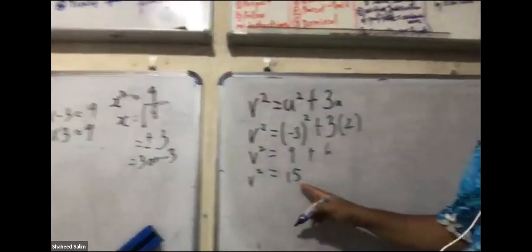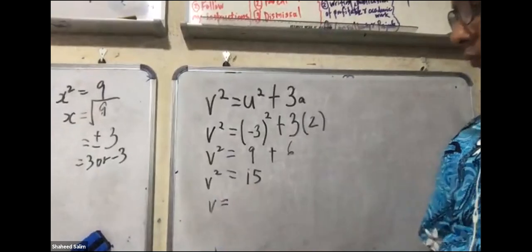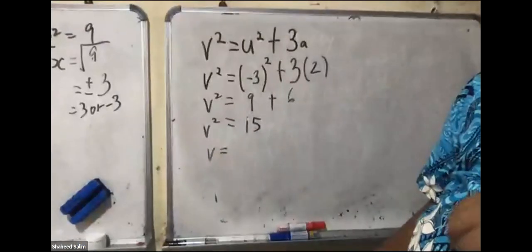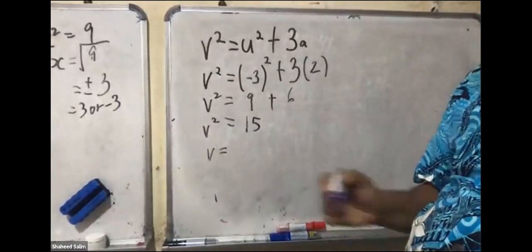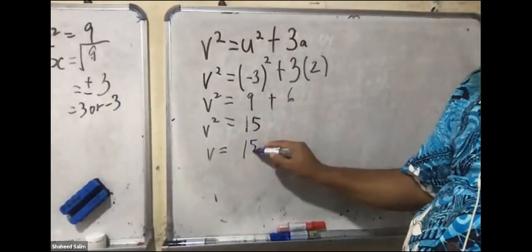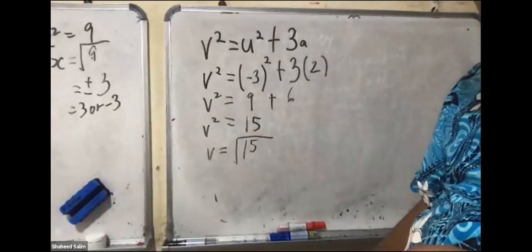So now, v squared equals 15. What is v equal to? You don't need to find the exact number. Tell me what I do to the 15? I don't divide, I just square root it.